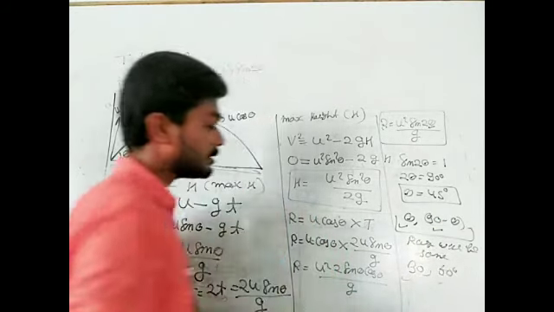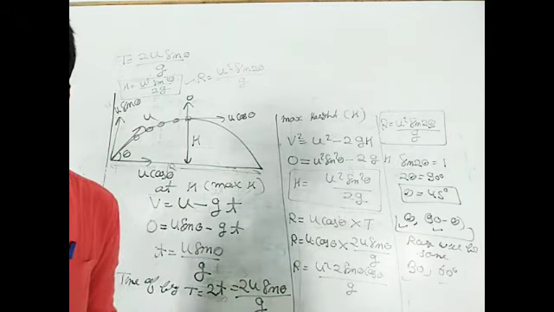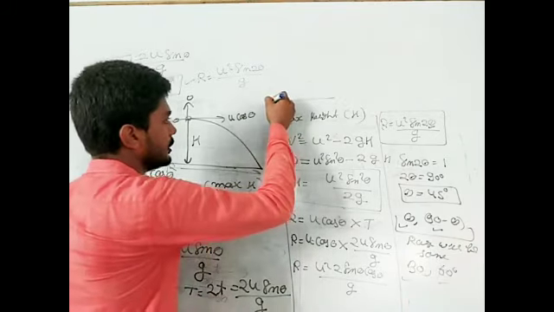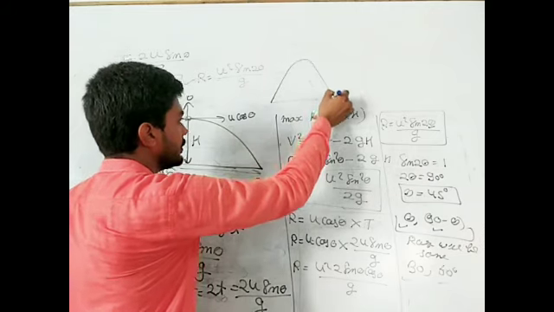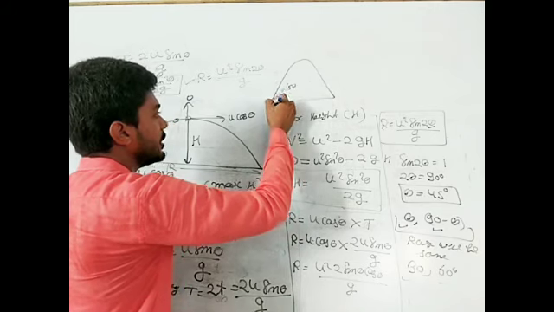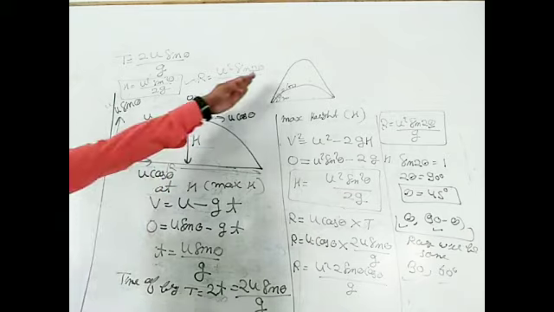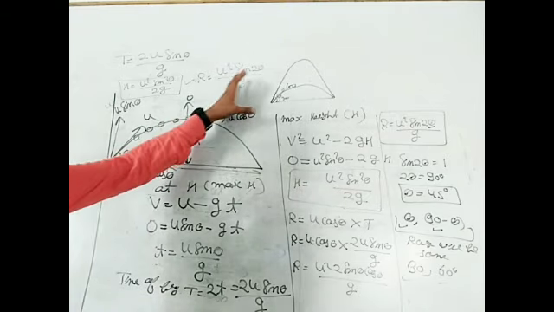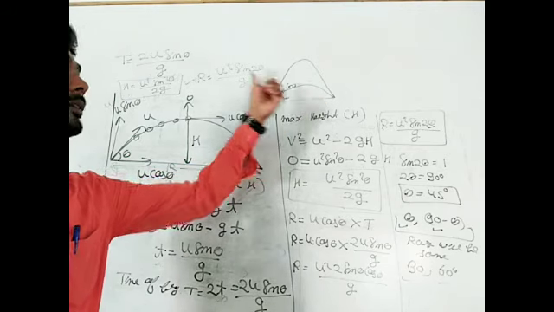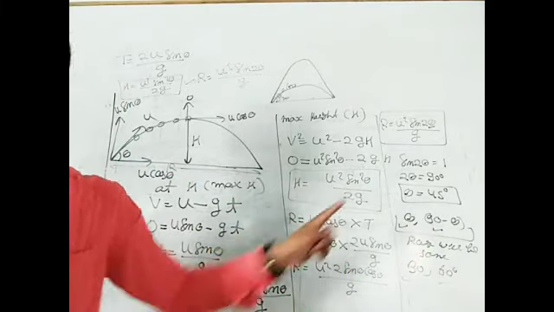So for 60 and 30, the range will be the same. Suppose you throw an object at an angle of 60 degree, and the same object at an angle of 30 degree. You can see in two different angles, heights are different, but range is the same. I repeat again, for two complementary angles, the range will be the same.